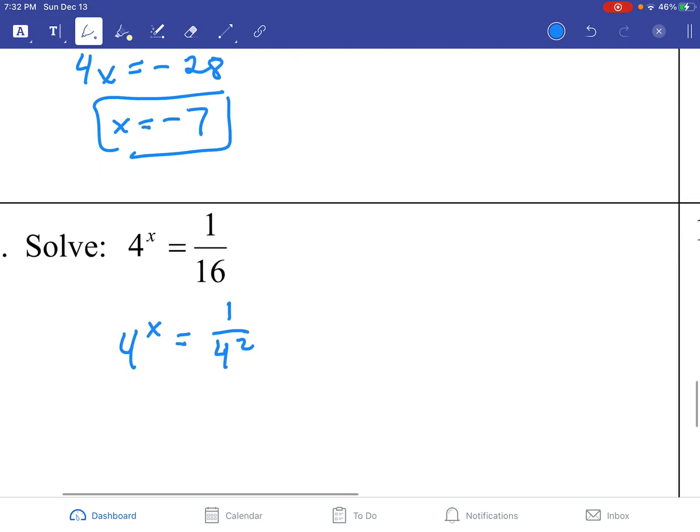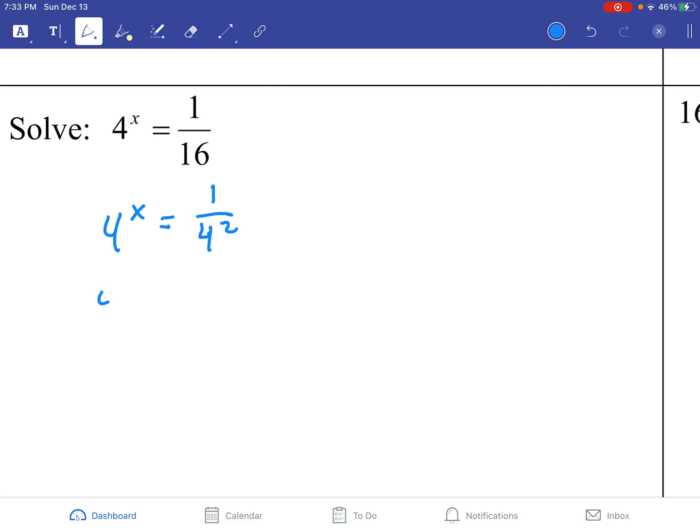So we have to move it to the top. So what happens is we change the exponent of 2 to become negative. And that moves it to the top of our fraction, so it's just 4 to the negative 2. Now, if you don't believe me, you can always put 4 to the negative 2 power in your calculator. It'll give you 1/16, or the decimal equivalent of it.